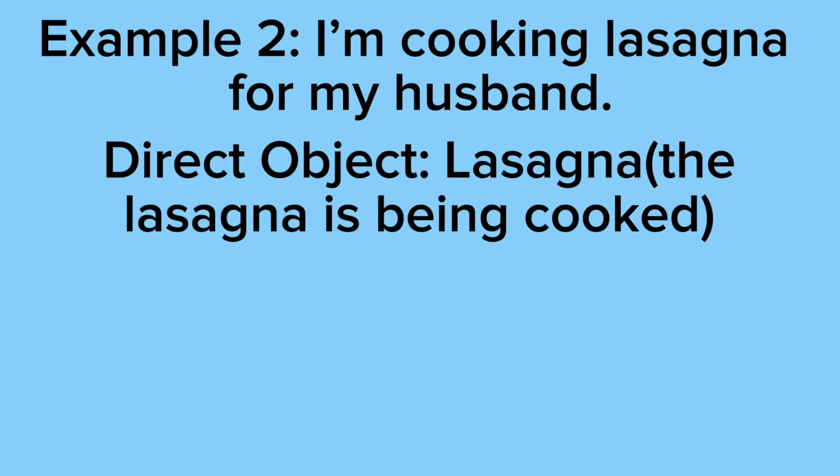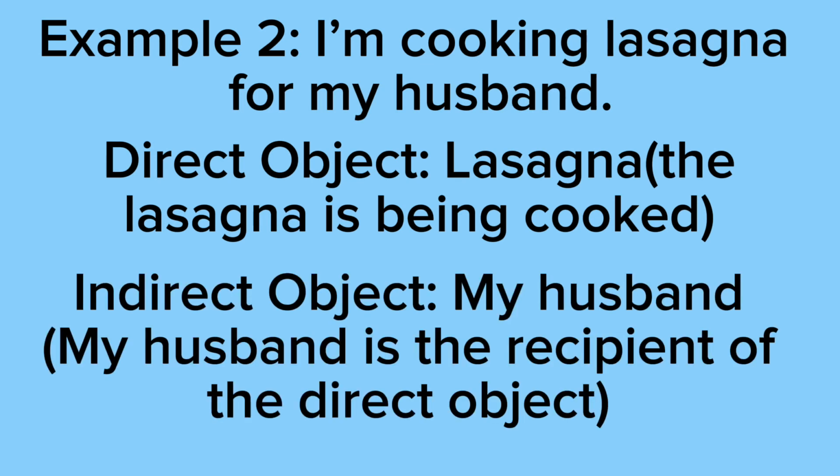The direct object is lasagna because it's a recipient of the verb, which is cooking. The lasagna is being cooked, so that makes it the direct object. And being that the indirect object is the recipient of the direct object, that would make my husband the indirect object because the cooking is for him.